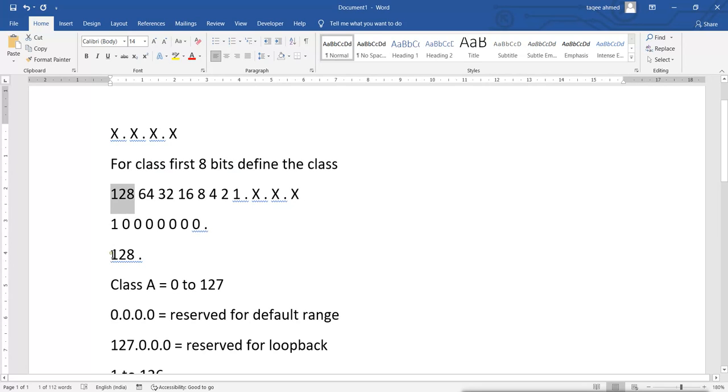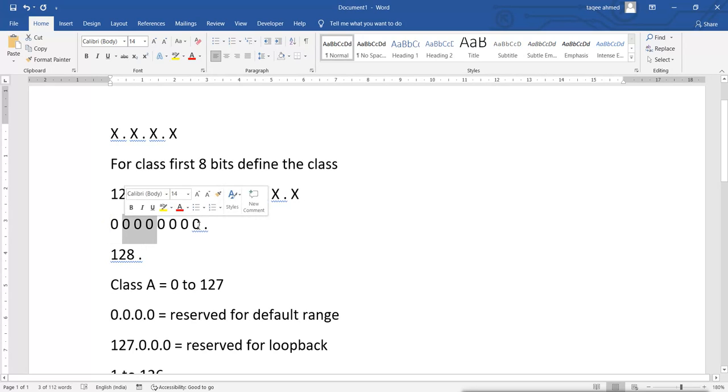So if you write 128 in the first part, it is going into class B. It is getting out of class A because class A ends on 127. So it is reserved that your first bit must be 0. This first bit is reserved, so you cannot enable that bit.